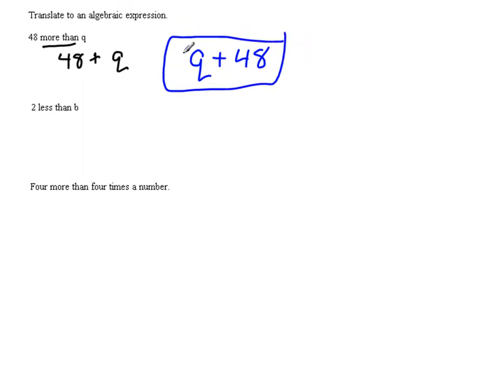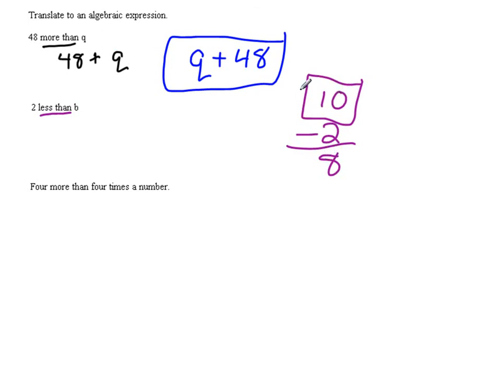Now the next one is the one I kind of warned us about. It uses the words less than. We have 2 less than B. Let's pretend I have $10 and I went and spent $2, so I have 2 less than what I started with. I started with 10 and then I have 2 less than that, so I end up with 8.